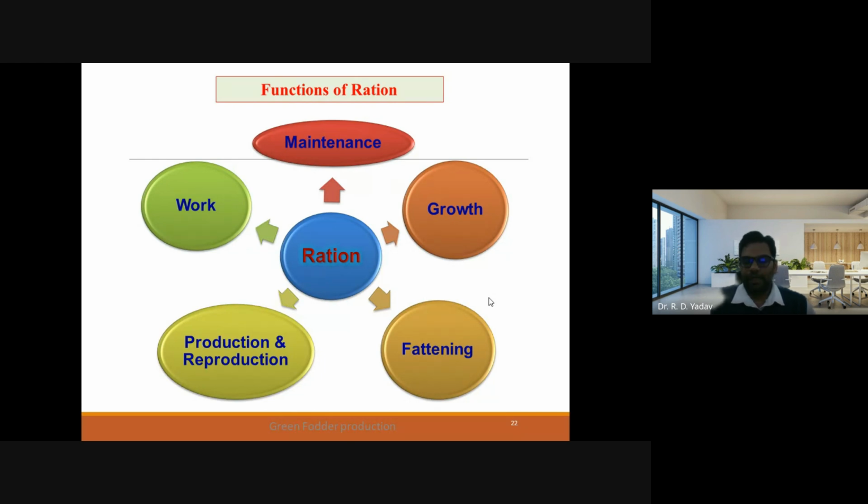It is used for fattening in case of pigs, for reproduction and production in case of animals, milk, and in case of hen, egg production, and work in case of draught animals, and so many in case of horses and ponies for work purposes. So all the functions we take from the animal are delivered by the ration only, which provides all the essential nutrients to them.